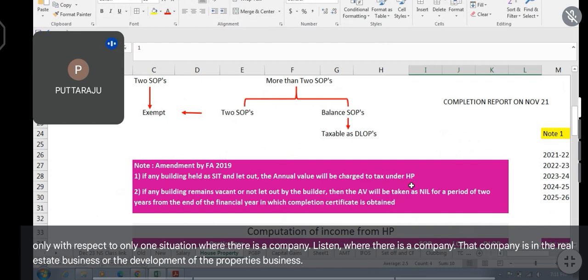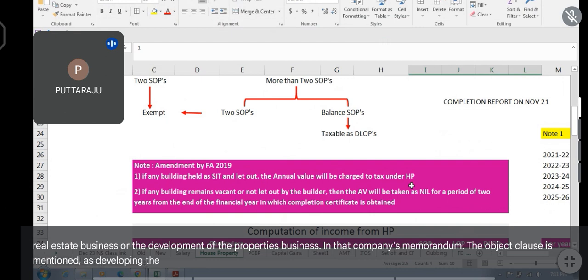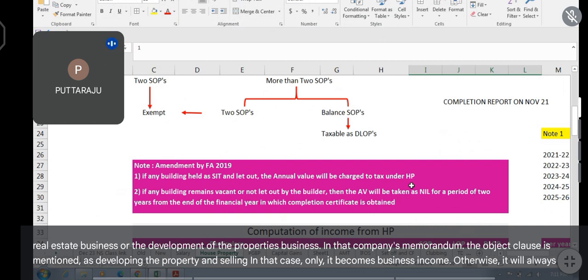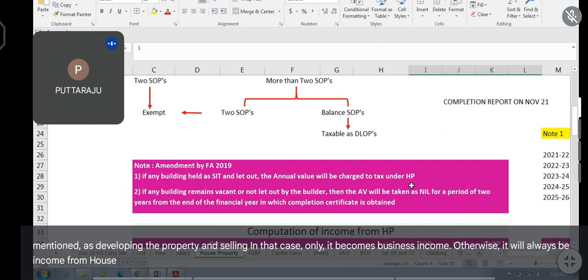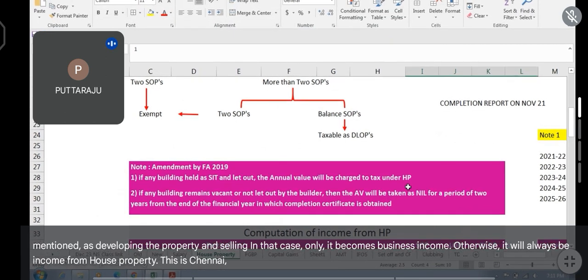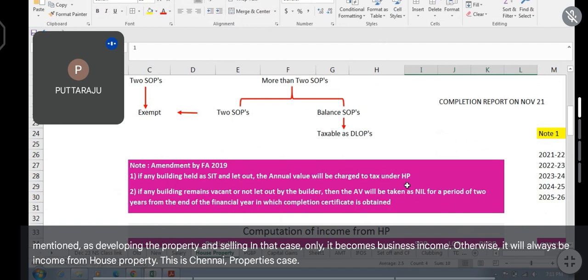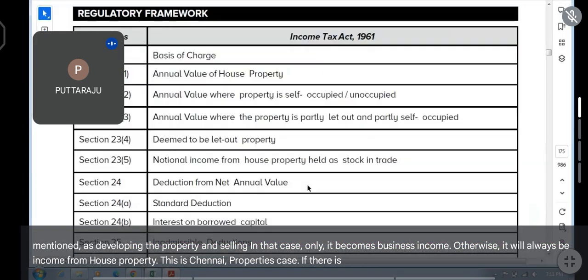In that company's memorandum, the object clause is mentioned as developing the property and selling. In that case only it becomes business income. Otherwise, it will always be income from house property. This is the Chennai Properties case. If there is case law, I think they would have given.